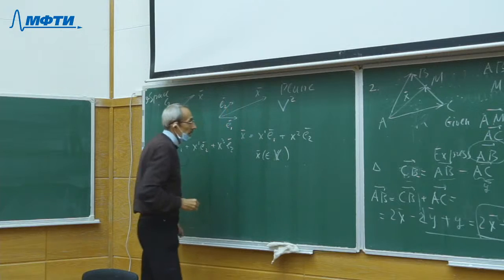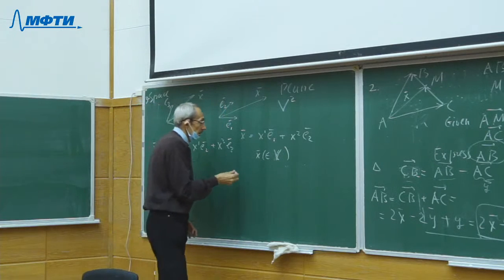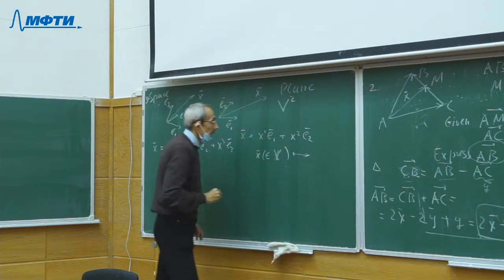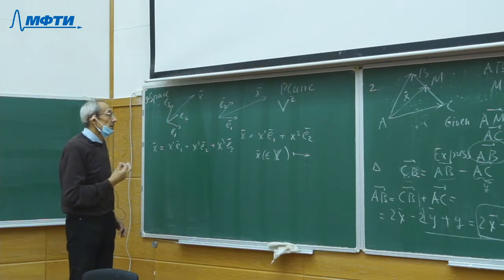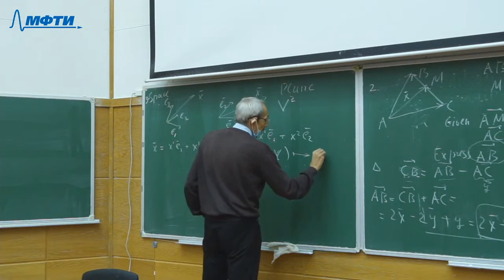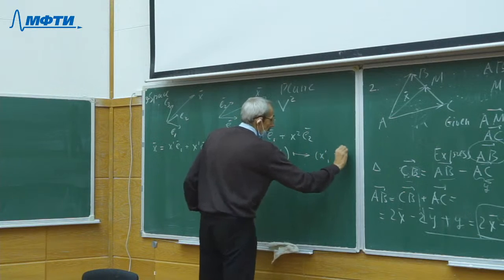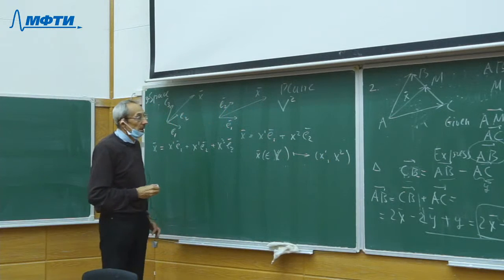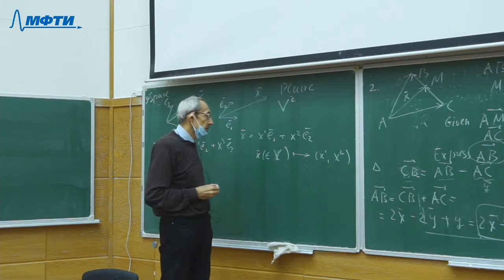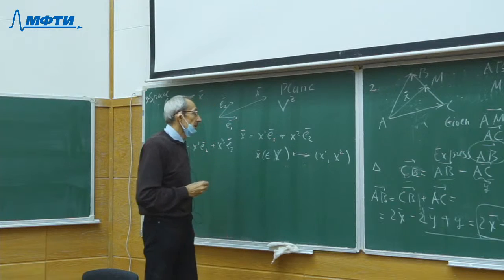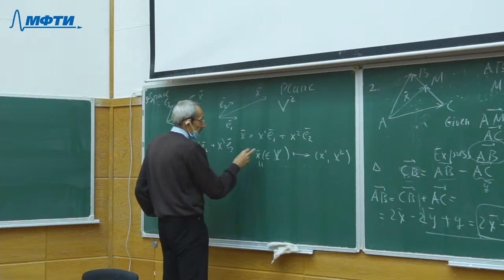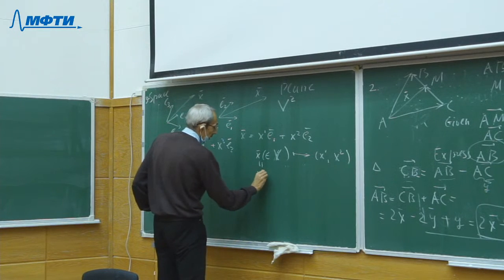If x is an arbitrary vector, we can assign to this vector a pair of real numbers, which are the coordinates of this vector in the basis e1, e2.